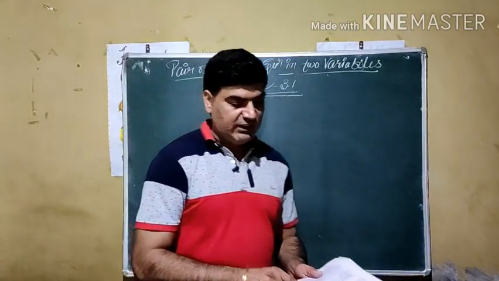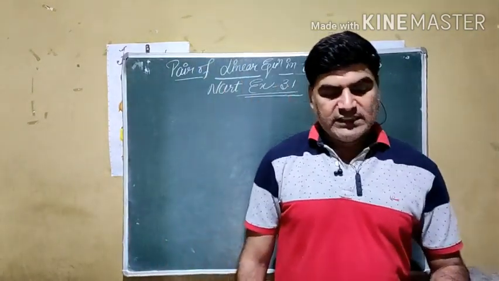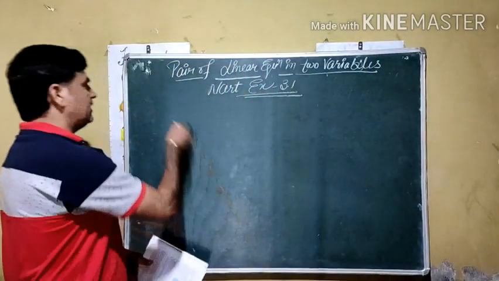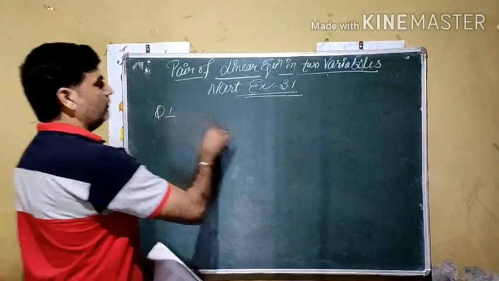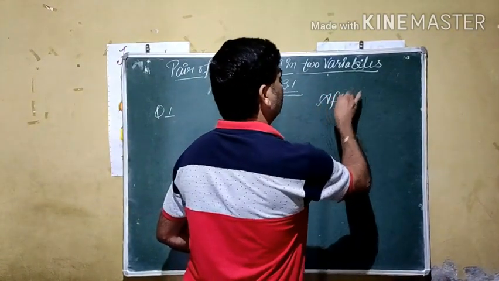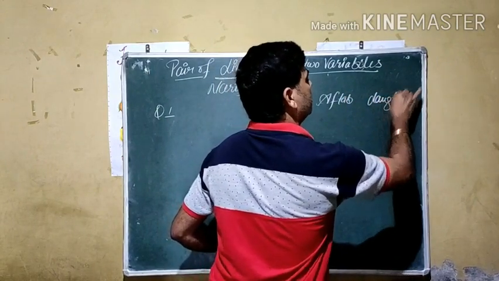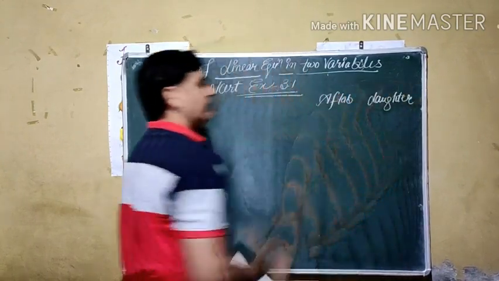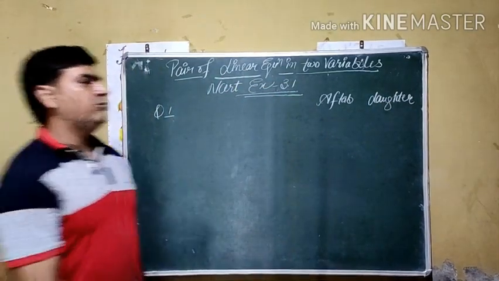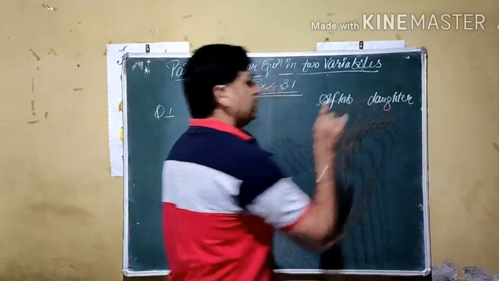The statement is given: Aftab tells his daughter. There are two persons in question number 1: one is Aftab, the second is his daughter. Here we need the ages of these two persons.